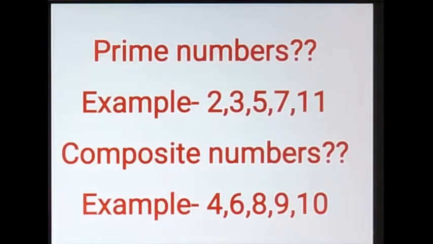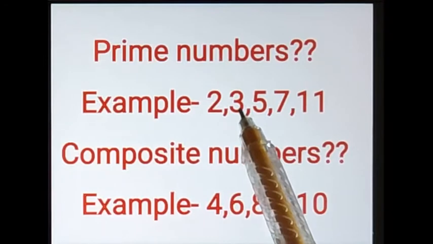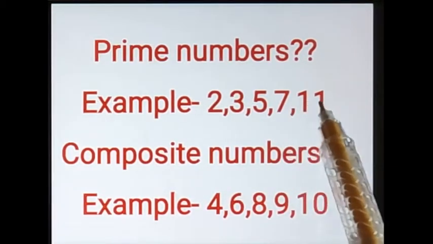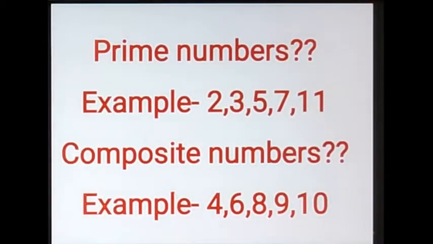It cannot be divided by other numbers like 3, 4, right? Similarly, 3 is another prime number, 5 is another prime number, 7, 11, etc. It will go on like this. You are going to find infinite prime numbers. So prime numbers are those numbers which are divisible by 1 or by itself.